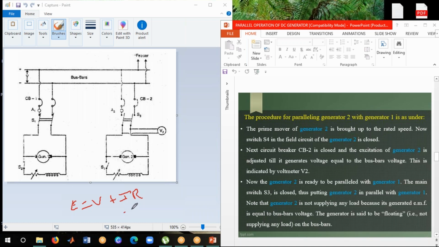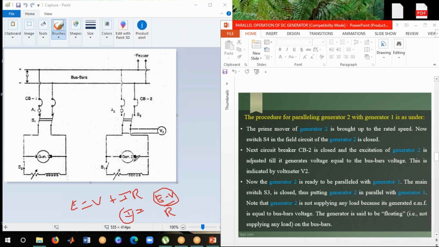Suppose from this equation I can obtain I = (E - V)/R. ఓకేనా? సో అంటే ఈ రెండు జనరేటర్స్ లో కరెంట్ అనేది ఎంత ఫ్లో అవ్వాలని దీనిపైన డిపెండ్ అవుతుంది, బేస్డ్ ఆన్ ద ఇన్పుట్ EMF and based on the terminal voltage and based on the resistance. Okay na? So based on this the current will be defined from generator 1 and generator 2.